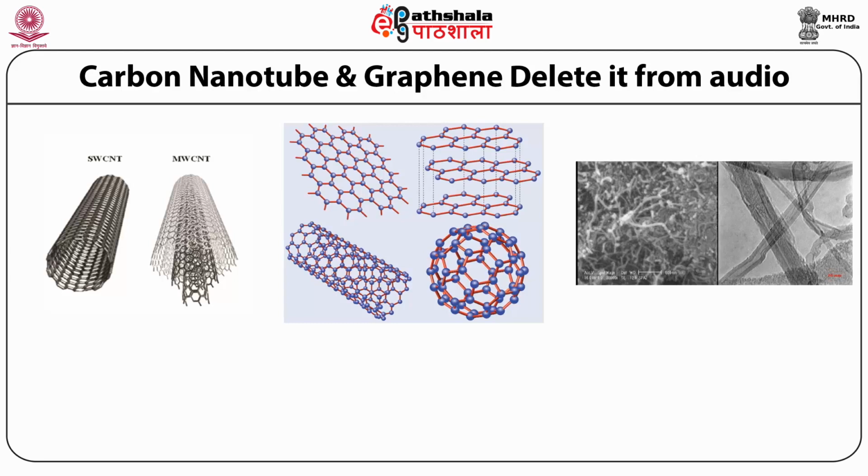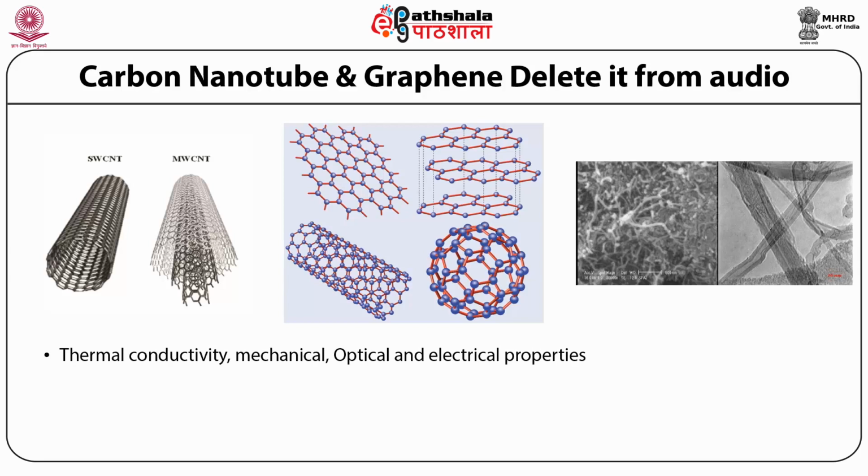And these nanotubes, if you can orient them in a particular direction, can produce electrical property, and thus can also be used in different applications like sensing.